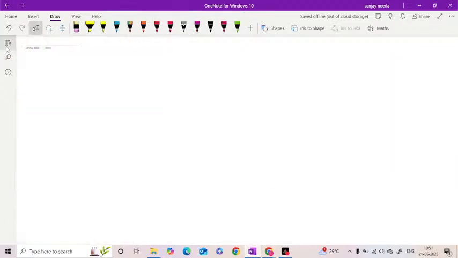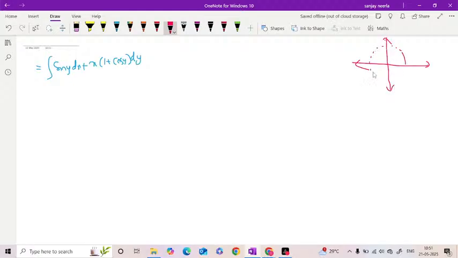Now the total problem we are converting into polar is the integral of sin y dx plus x into 1 plus cos y into dy. This is the y axis, this is the x axis, and this is the circle, with equation x square plus y square equals a square.